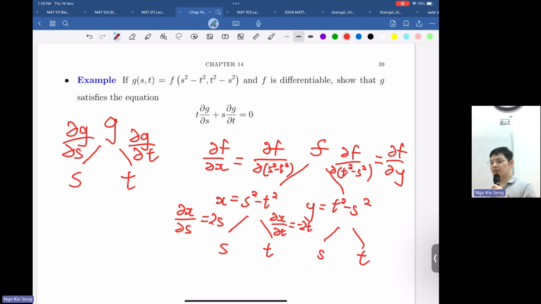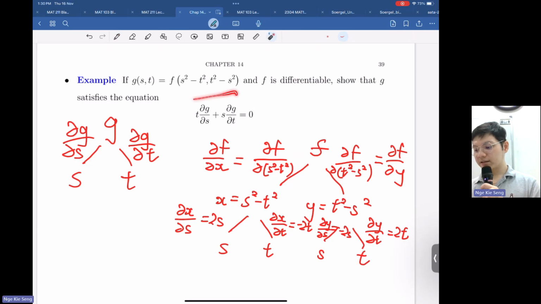They are not just partial derivatives, but functions already, with an explicit form. Del y over del s is minus 2s, and del y over del t is 2t. So this is the tree we produce.